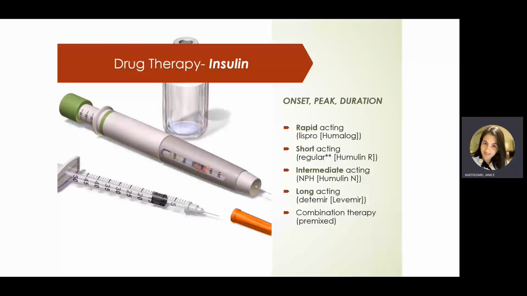However, mainly type 1 diabetics are the ones that use insulin with all their meals and at bedtime. With insulin, there are basically four types of insulin, and then there's a combination therapy that mixes different kinds. This is straight memorization.